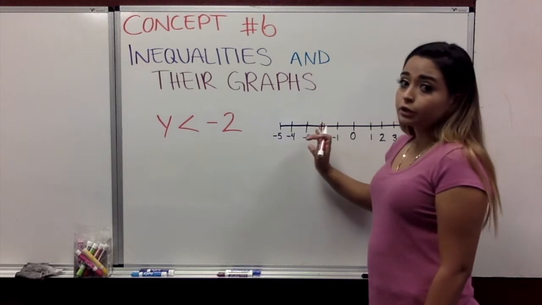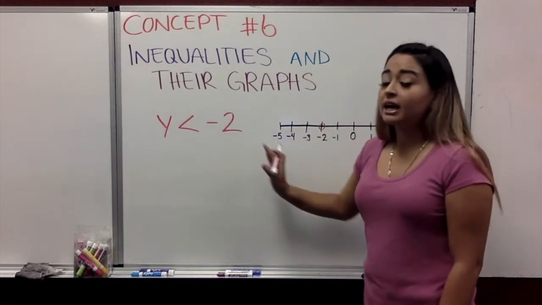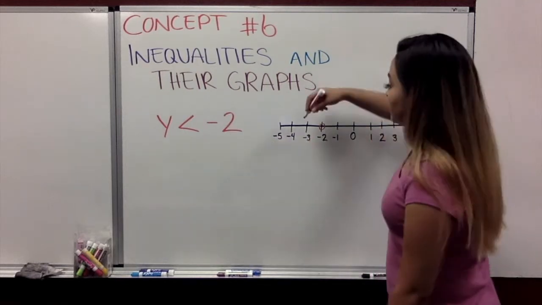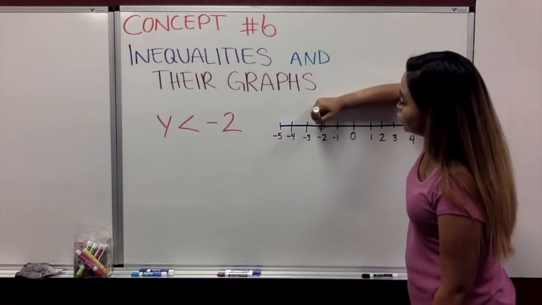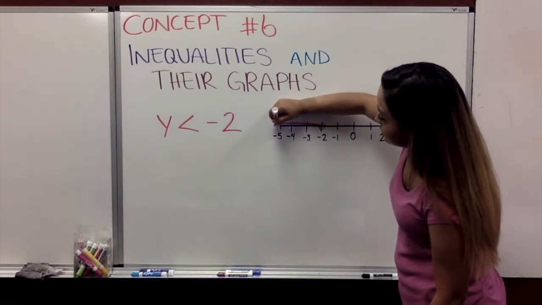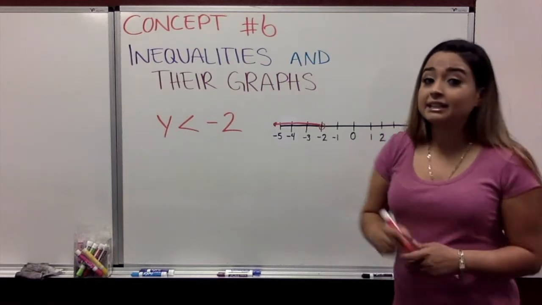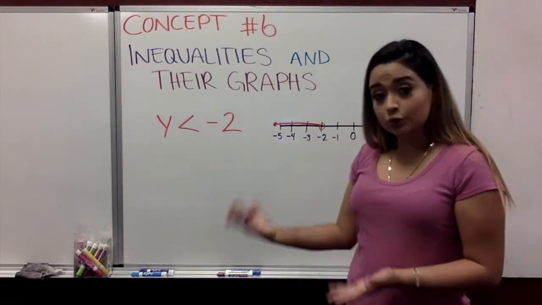So we're going to go this way on the number line because the numbers on this side have less value. So we will be drawing a line this way. And that is how this inequality is graphed.